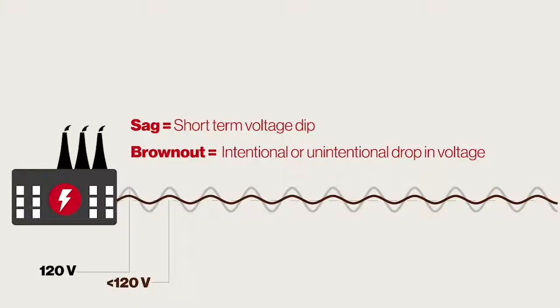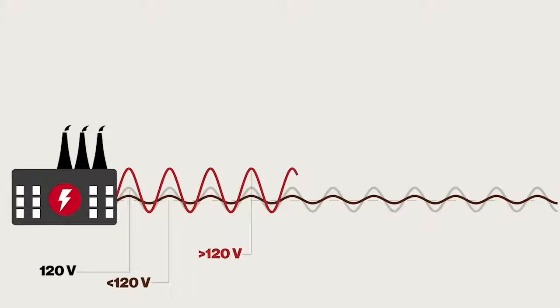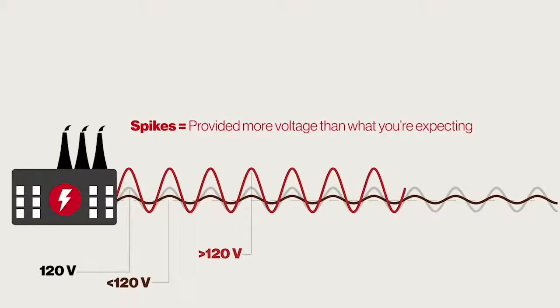Far more dangerous, however, is this. There are situations where instead of getting 120 volts here in the States, you might suddenly get 300 volts. And then it'll come back down, act normal for a minute, and then boom, another one. These are called spikes. A spike is when you're suddenly provided far more voltage than what you're expecting.